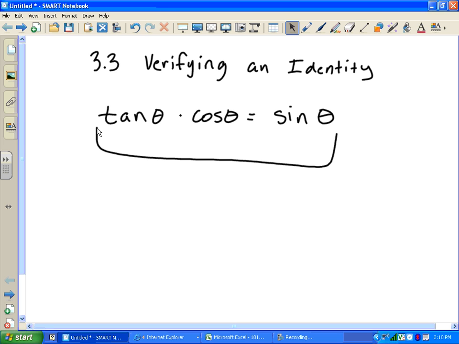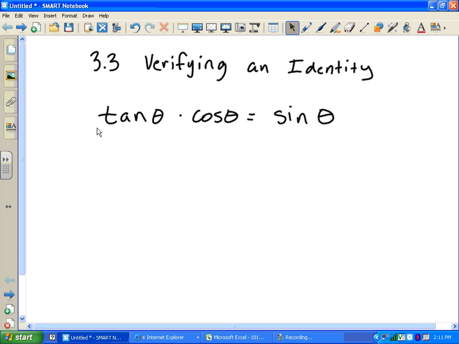I just want to start off with an easy one here, and then we're going to go really not to working problems, but then looking at strategies in doing this. Now, one of the strategies we'll talk about to verify an identity is to change everything to sine and cosine. This would probably be a good identity to do that with. We can write tangent as sine over cosine.